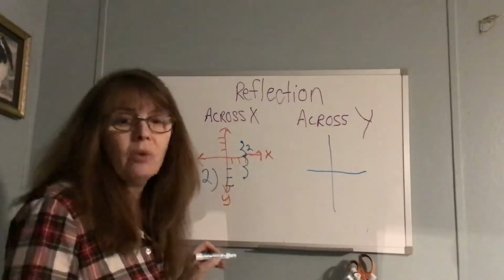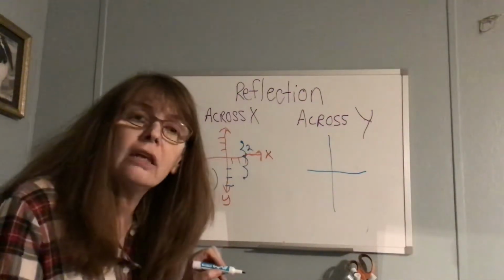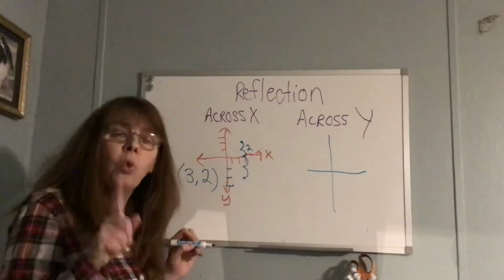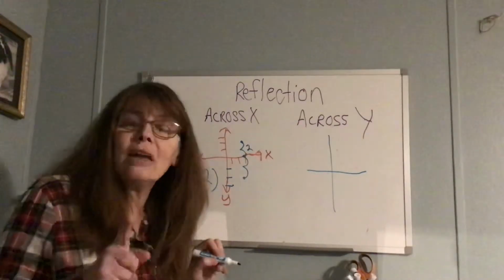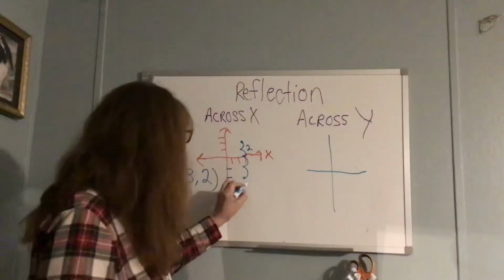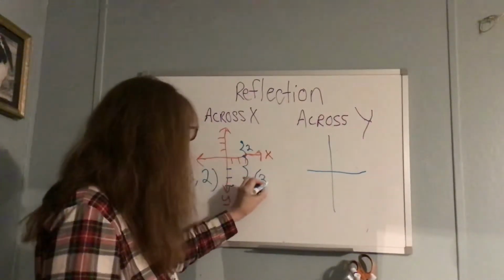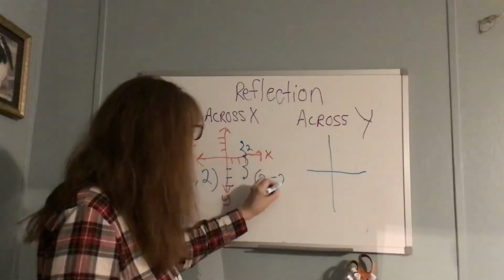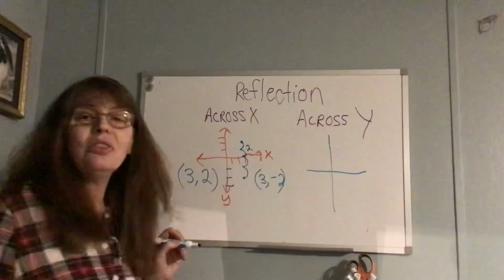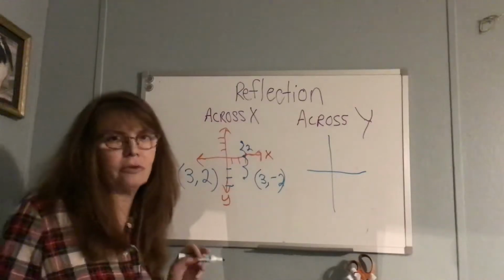Keep going. Yes, I know it's moving into negative territory. Yes, I know it's moving into quadrant 4, but that's how we do it. My new reflected point is still going to be 3 on the x, but it's going to be a negative 2 on the y. That's reflected across the x-axis.